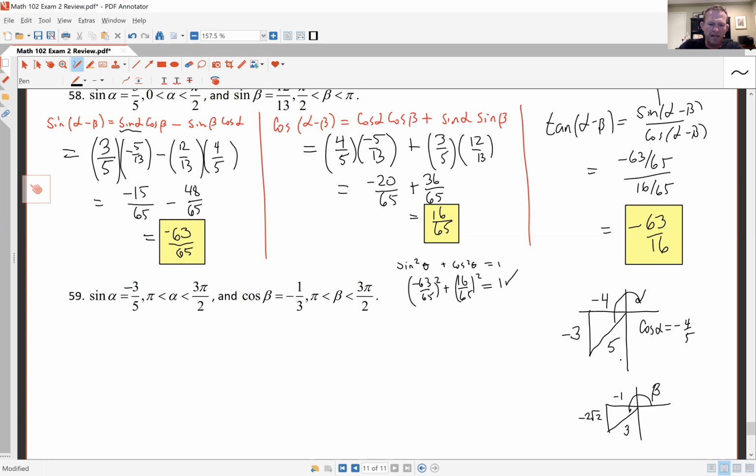All right, so now sine of alpha minus beta is sine alpha cosine beta minus sine beta cosine alpha. Sine of alpha was given as negative 3/5. Cosine of beta was given as negative 1/3.